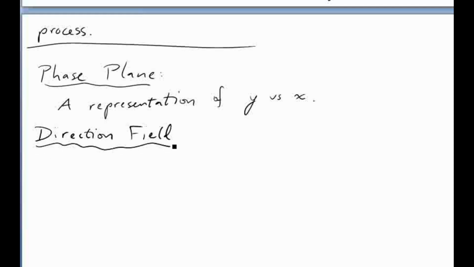This corresponds to a slope field if we're just talking about a single ordinary differential equation. But in the case of a system, this consists of a bunch of vectors which indicate direction for solutions.